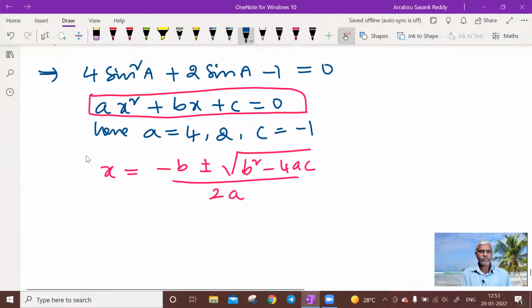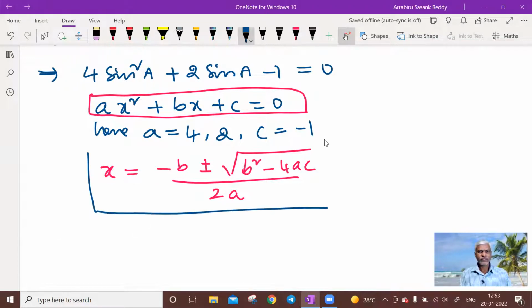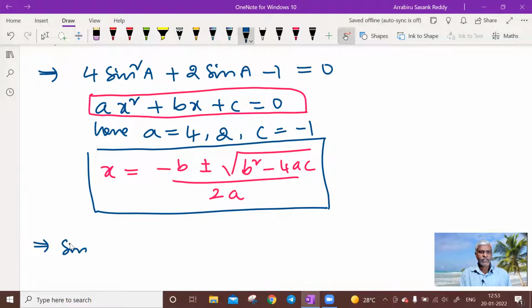Here the equation is in terms of sin. So sin A is equal to minus b.